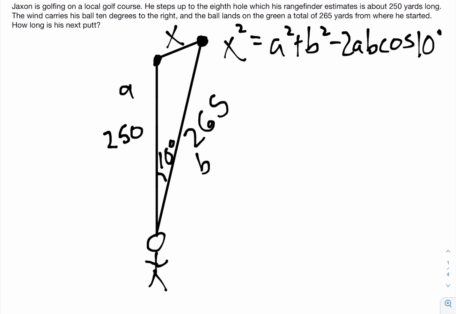Because the last angle we're taking the cosine of is the angle that's opposite to the side we're looking for, the x. Opposite side, opposite angle, it's going to be 10 degrees.